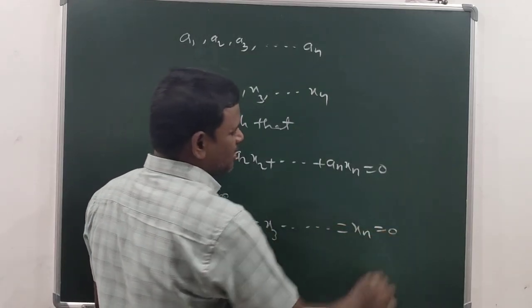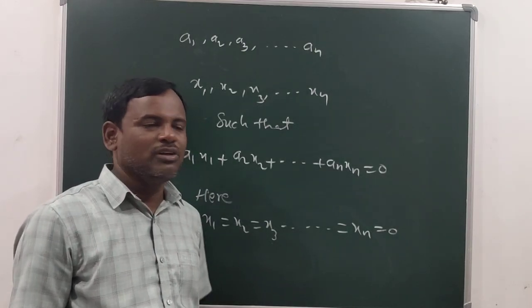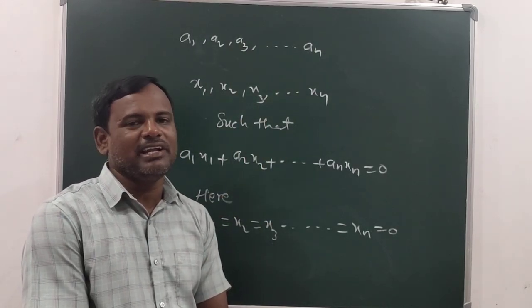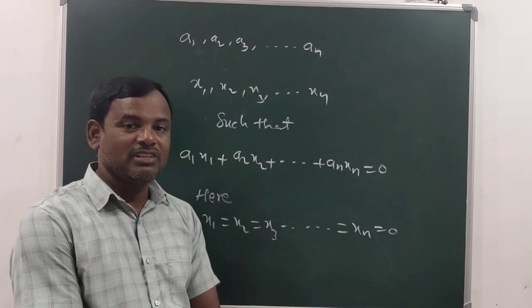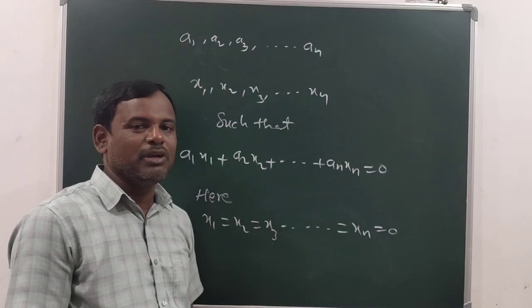All these n scalars must be equal to 0. Then these given vectors are called linearly independent. For dependent, at least any one of the scalars must not be equal to 0.